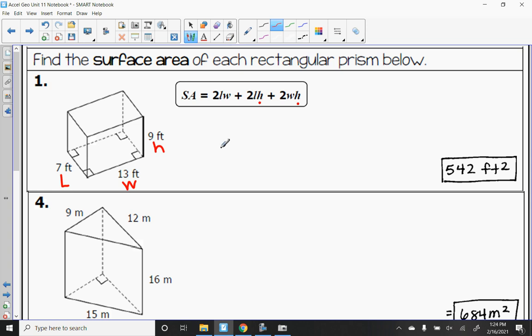So we start off with 2 times L times W plus 2 times L times height with another plus sign, 2 times WH.